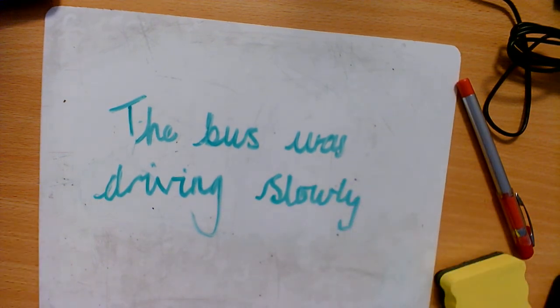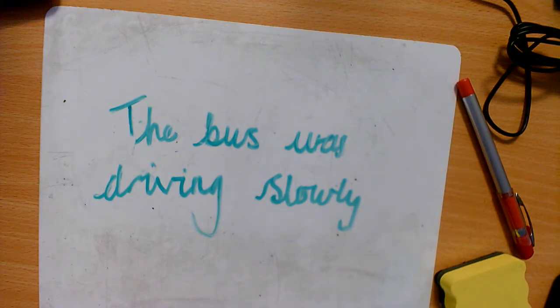So this is my sentence. The bus was driving slowly. And now we need to add an adverbial phrase to this about where. So have a think what you could add to this.